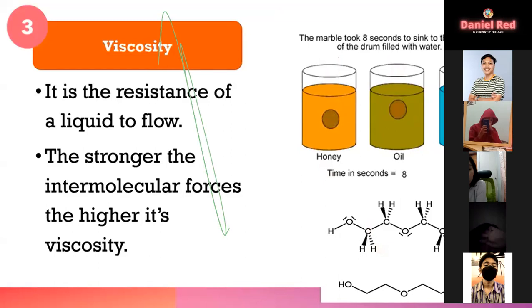It is somewhat viscous compared to the other substances, oil and water, because it possesses too many hydrogen bonds, and because of these many hydrogen bonds, it creates strong intermolecular forces, making it more viscous than the other substances present.